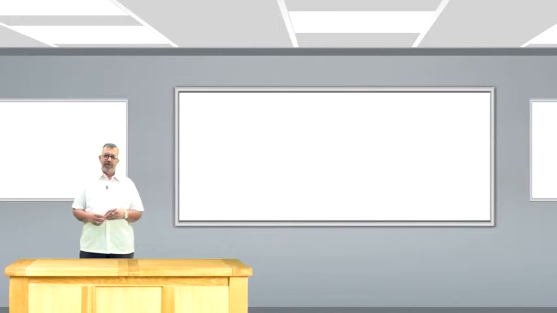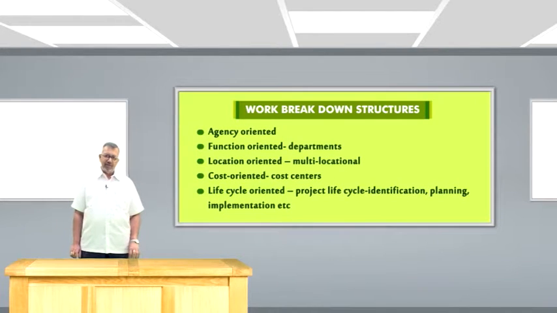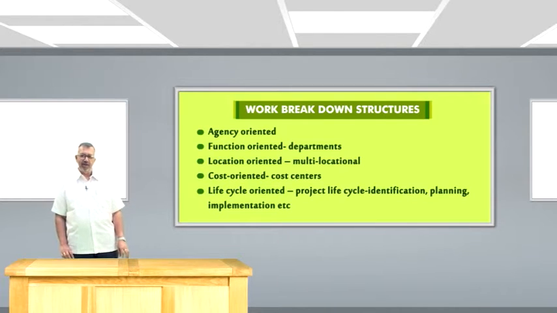So, we now begin with the work breakdown structures. There are very many ways in which work breakdown structures can be understood. We can start by looking at the agencies involved in doing these different activities. For example, there may be contractors involved, there may be designers involved, so we can look at them by the agency and the kind of activity they are doing.